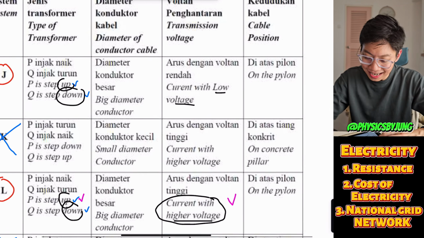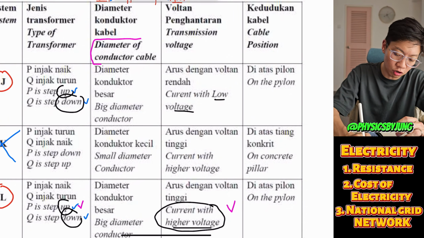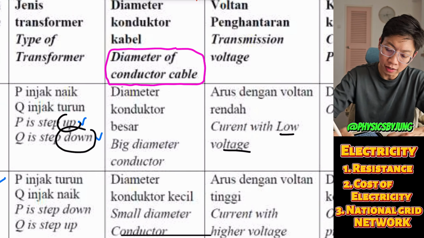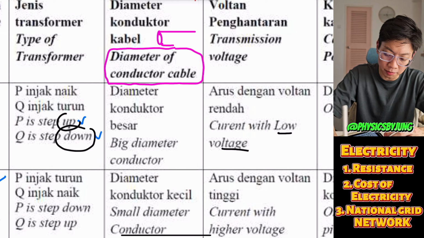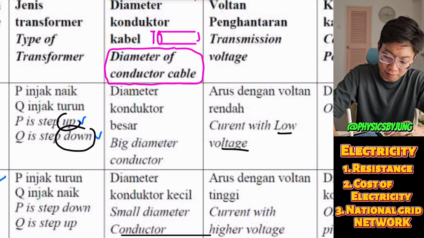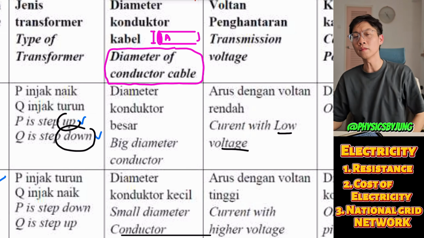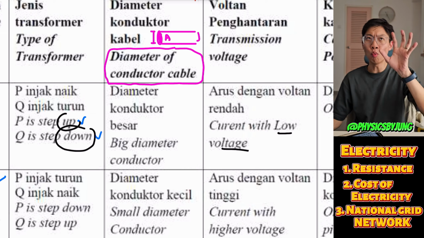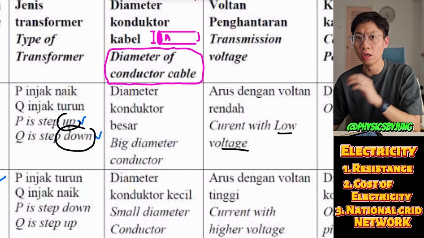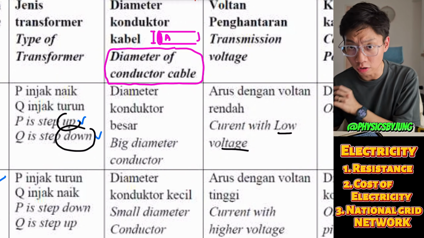Then lastly, what about the diameter of the conductor cable? When we talk about the diameter of the conductor cable, we are talking about this diameter, correct? Which is related to the cross-sectional area of your wire. So does your conductor cable need to become hot or not?